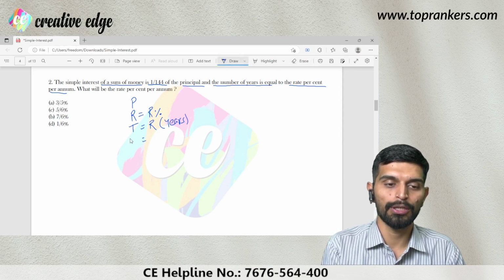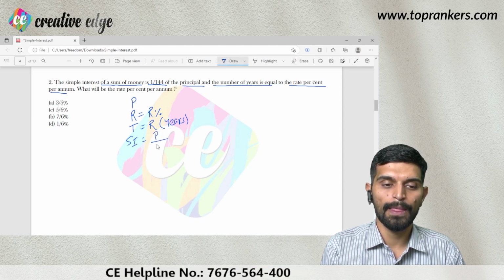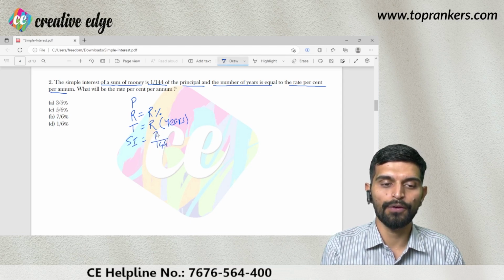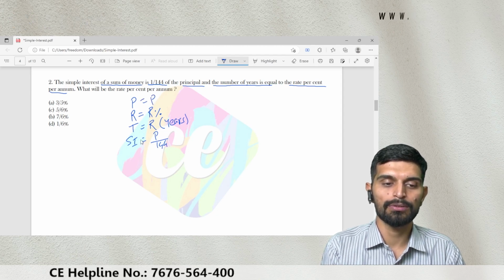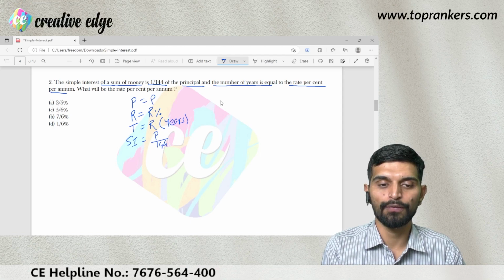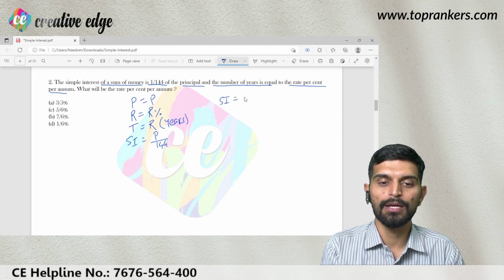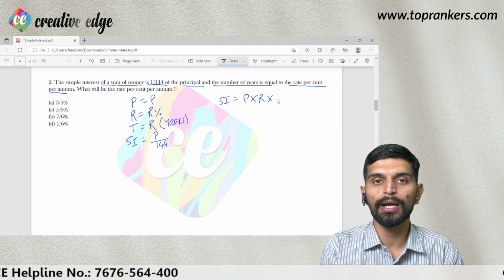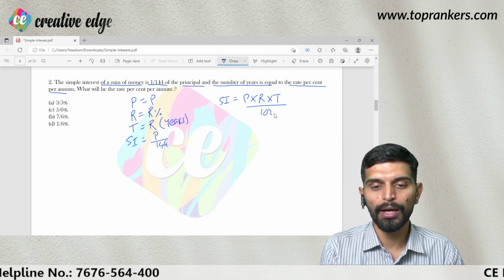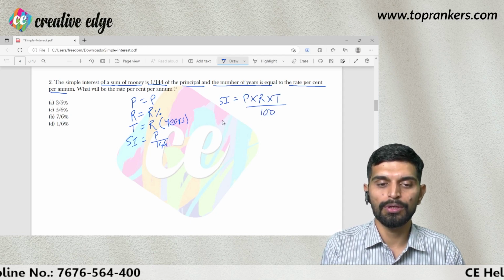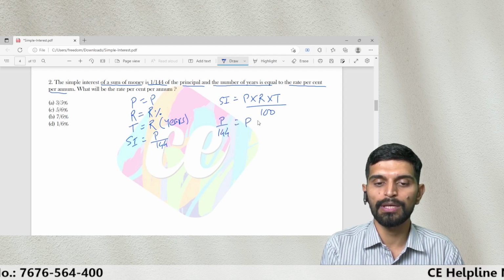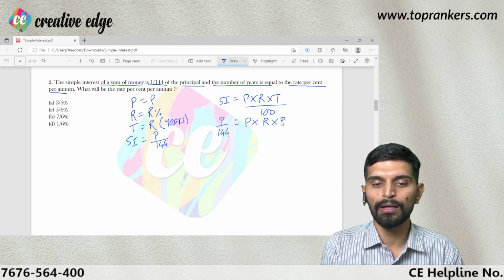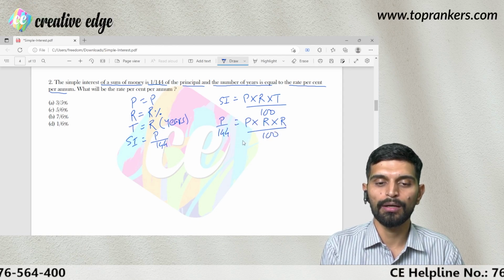So we need to determine simple interest. Simple interest is given as 1 upon 144 times the principal. So principal is P, so SI will be P upon 144. Now use this formula of SI, that is P into R into T upon 100, and substitute the values. P upon 144 is equal to P into R into R upon 100.